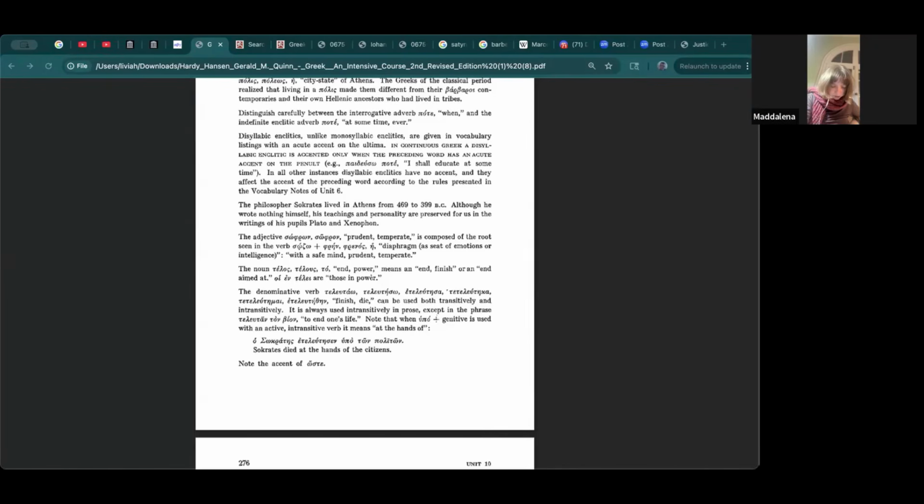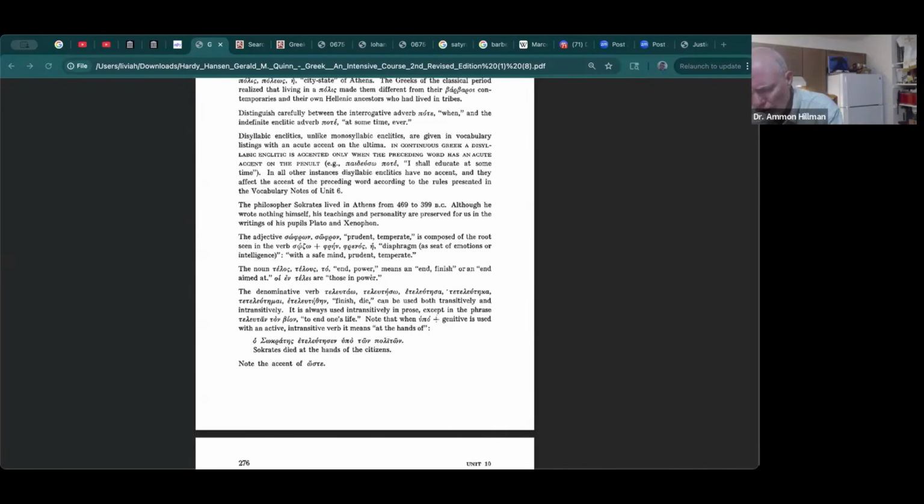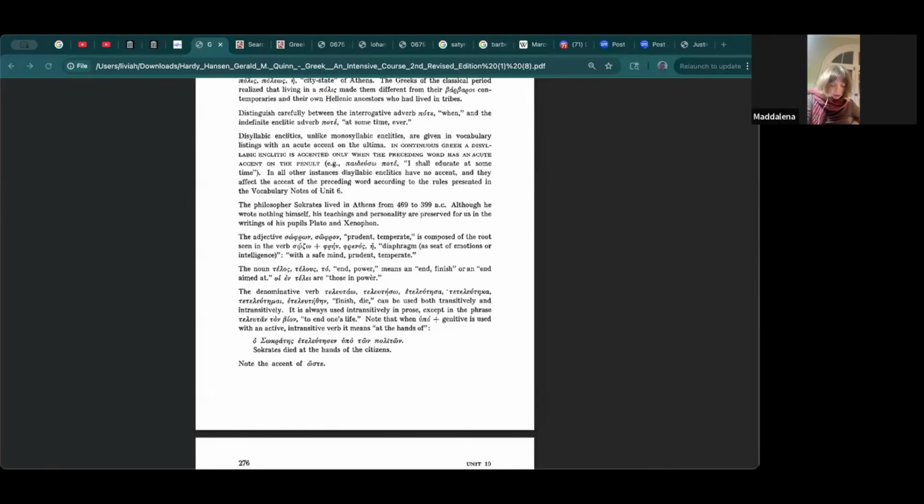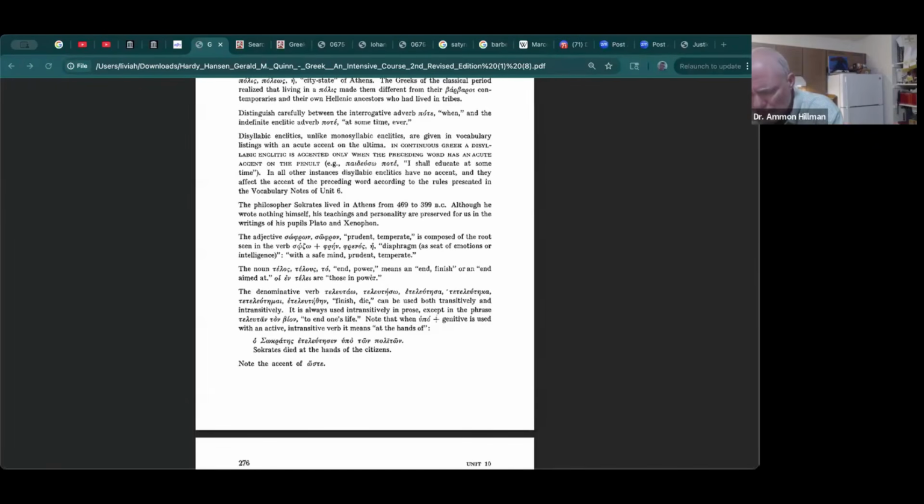Look at hesomenoi. That's from hesaomai, which is another contract, and look at how complex that one is. Middle and passive only, to be weaker than, to be inferior to, or to be defeated by, and it takes a genitive.